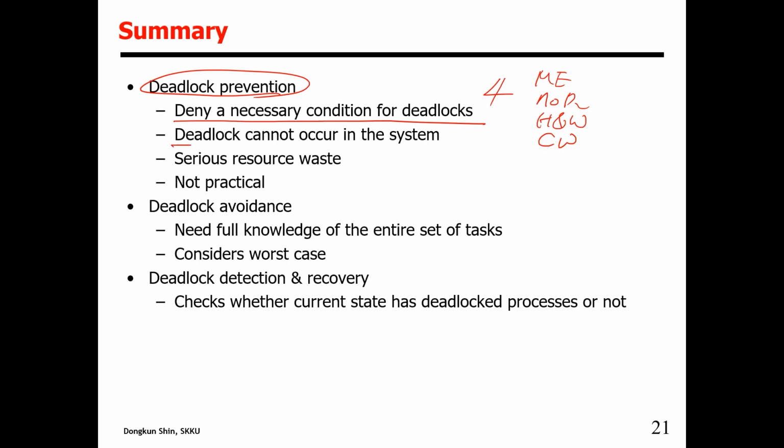Then deadlock cannot occur in the system, but this technique requires serious resource waste, so it is not practical. The deadlock avoidance technique needs full knowledge of the entire set of tasks, and it must consider the worst case, so it reduces resource utilization. A more practical technique is the deadlock detection and recovery approach.